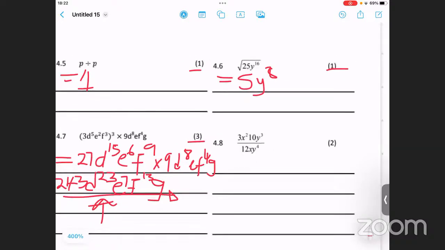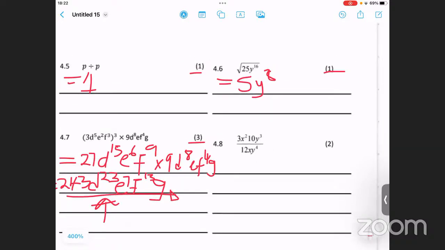We will move to our 4.8. So our 4.8 is 3x to the power of 2, 10y to the power of 3, divided by 12xy to the power of 4. And Liukumo, how are we going to do this?